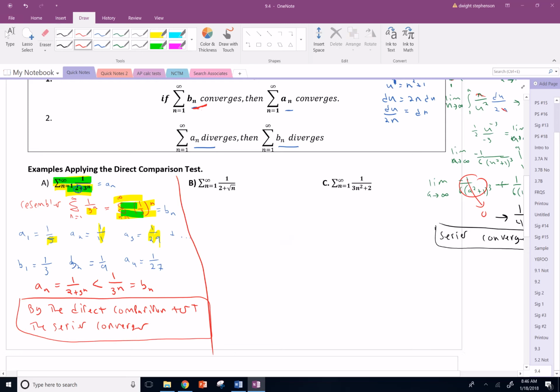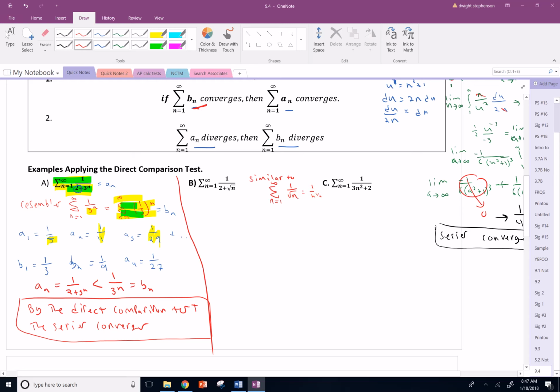Let's look at the next one, which is 1 over 2 plus radical n. It looks very similar to the series 1 over square root of n, which is the same as 1 over n to the 1/2, which is a p series, right?